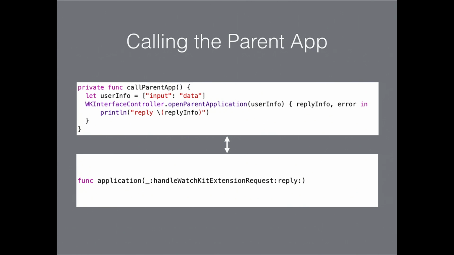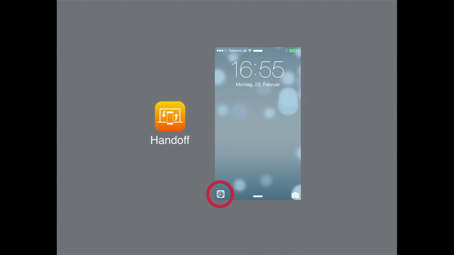So openParentApplication starts the app, but in a background mode. So you cannot force the iOS app into the foreground. Instead, what Apple recommends is using Handoff. For example, at Kleinanzeigen, we have login, but we don't want to do the login on the Watch app.